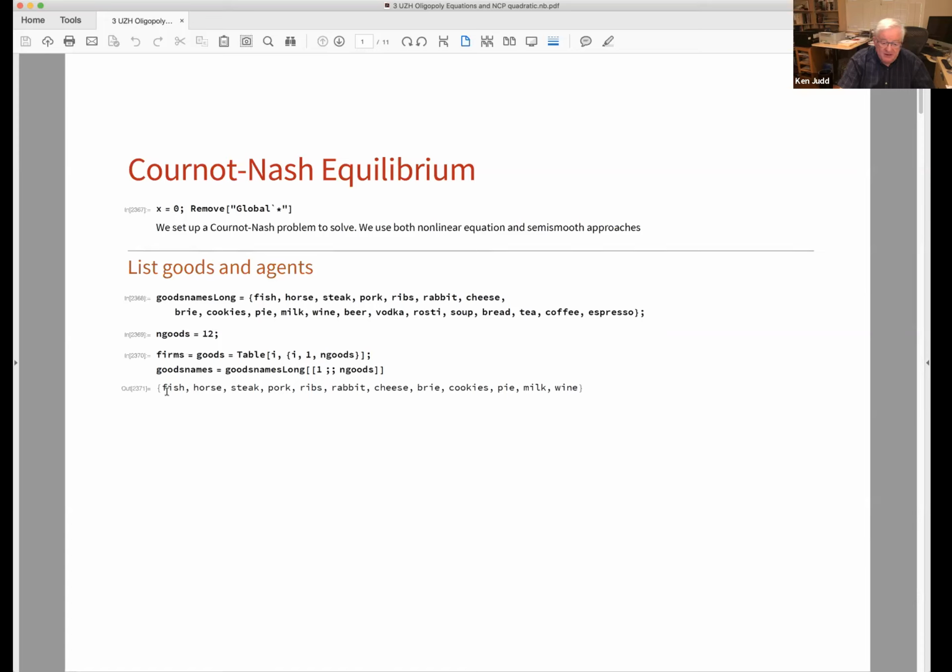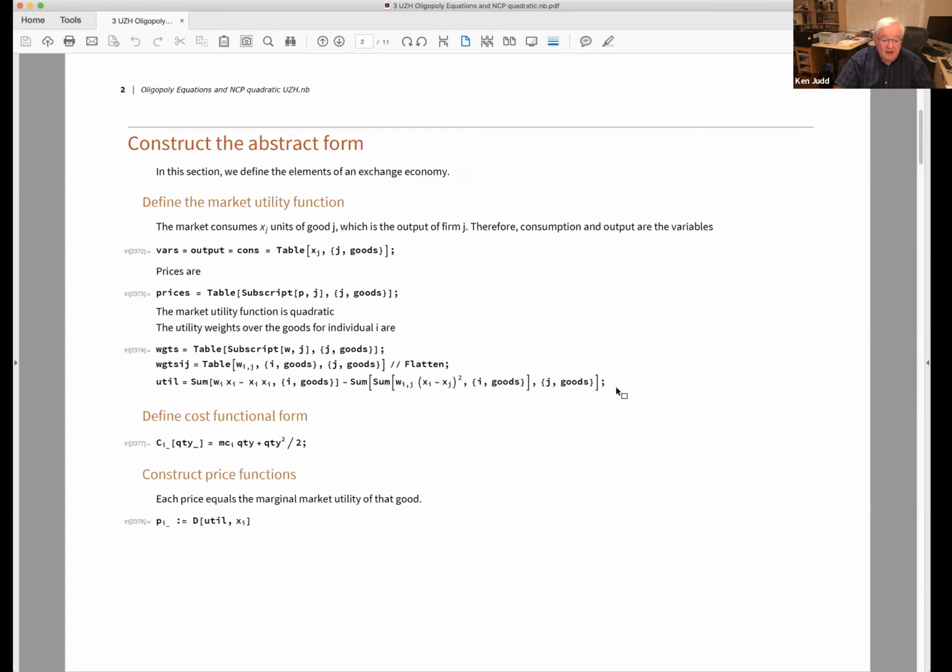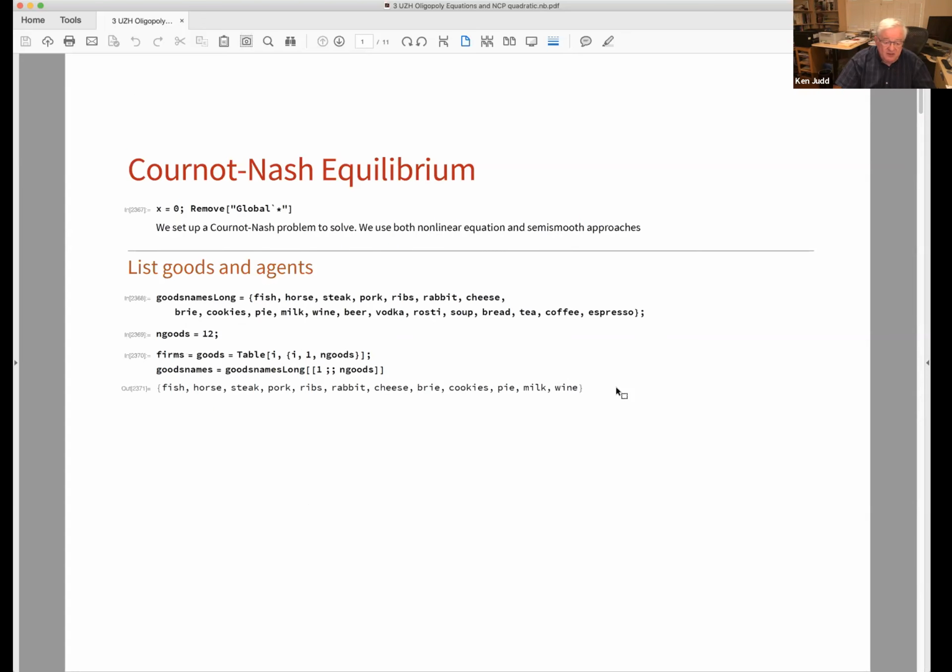And the goods, we're going to have a fish firm, a horse, steak, pork, ribs, etc. I include horse here because horse is legal in Switzerland. So those are the 12 firms of differentiated products.